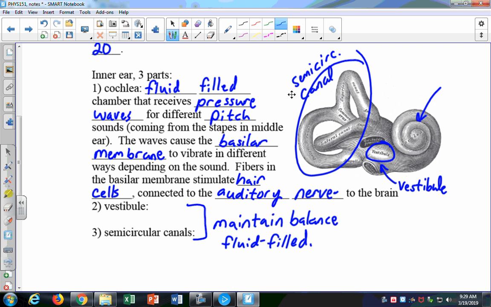I want to show you a couple of things. The first video I want to show you has to do with the cochlea, and it talks about how those vibrations come onto the basilar membrane, where is that? It's right here, I think. That bone pushes on it, and it pushes those pressure waves into the fluid-filled chamber of the cochlea. There are particular cells within the cochlea called hair cells, and when you have a certain frequency, those hair cells will resonate with that frequency of the pressure wave.